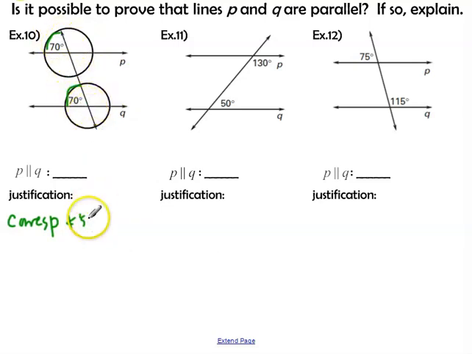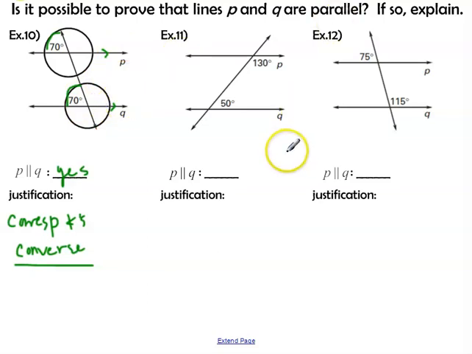Yes, they are. So since the corresponding angles are congruent, we're using the converse to prove that P and Q are actually parallel. So we can say, yes, they are parallel. So remember, we're always going to be using the converse if we can prove that the lines are parallel. So because the corresponding angles are congruent, that is enough information to say P and Q are parallel.